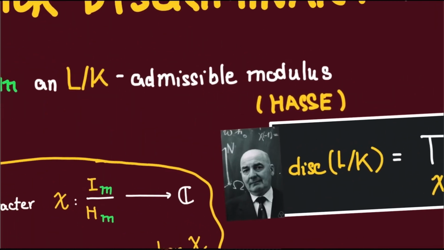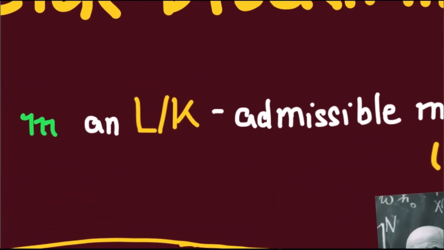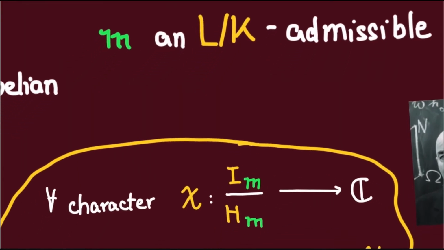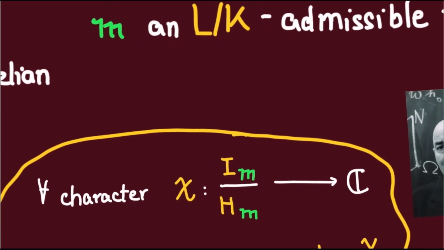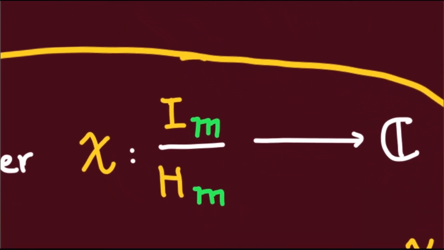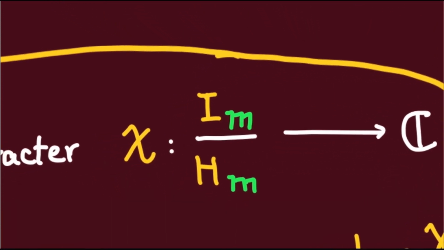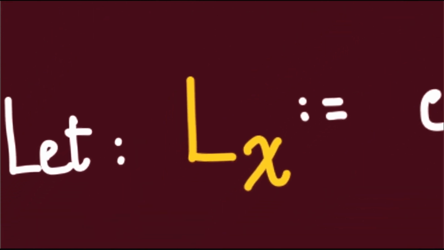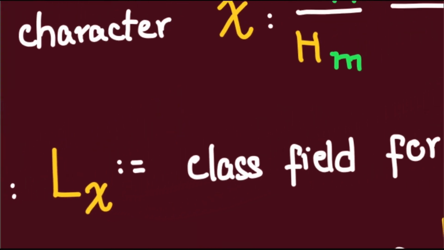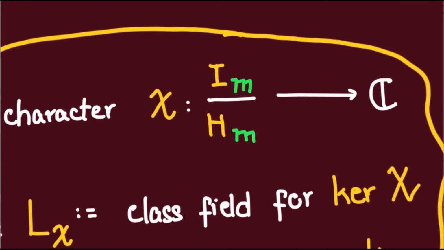Now, let M be an admissible L over K modulus. Then, for every character χ on the generalized ideal class group modulo M, we can define a corresponding class field. Namely, this is the class field corresponding to the kernel of the character.